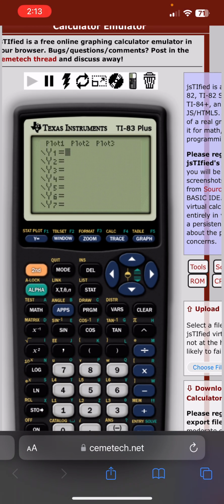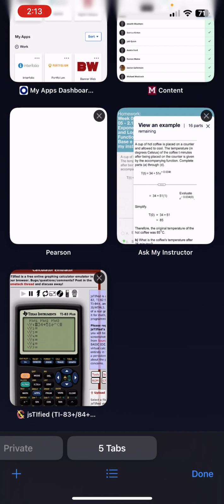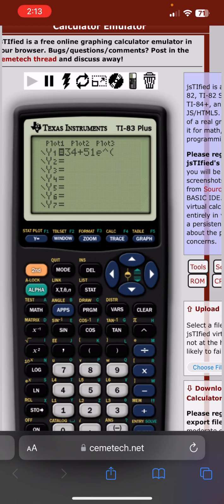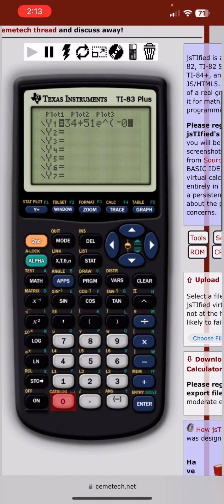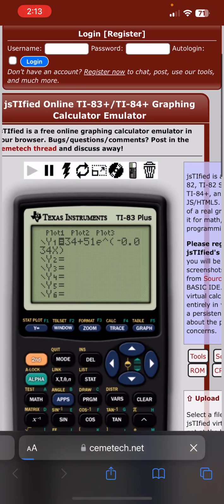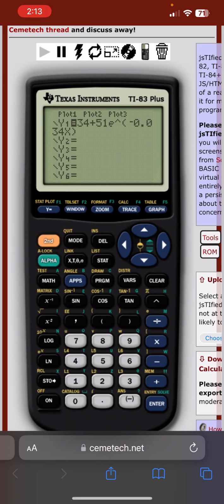So I'm going to go to my y equals 34 plus 51 times e to the power negative 0.034 t, or in this case it's x, right? And then for that part, okay, I think we're okay.